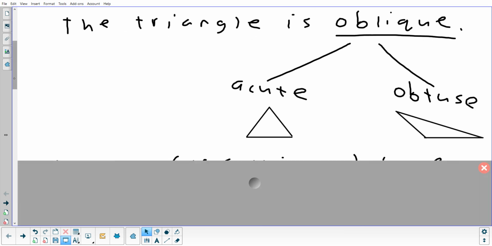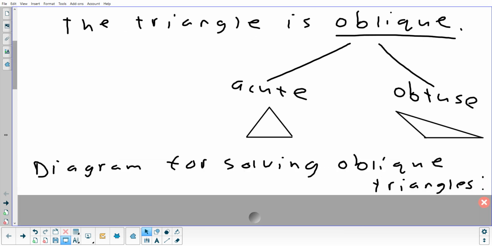So when we draw a diagram, we have to use one more label that we never had to use before. Does anybody remember the letters that we use to represent the sides of a triangle when we don't know them? Matt, do you remember the letters we use?